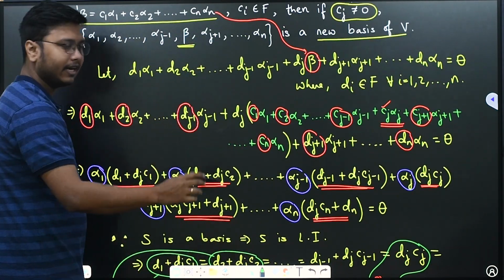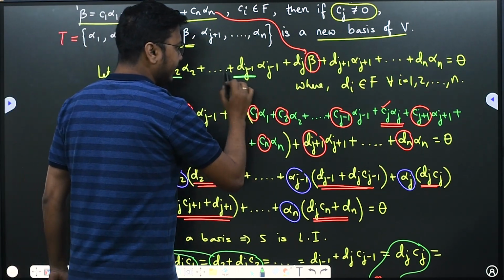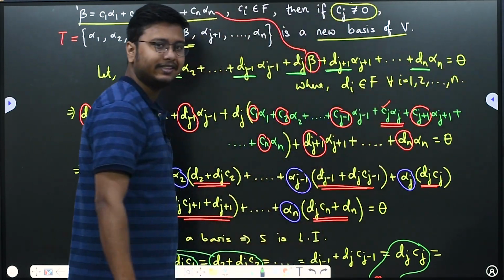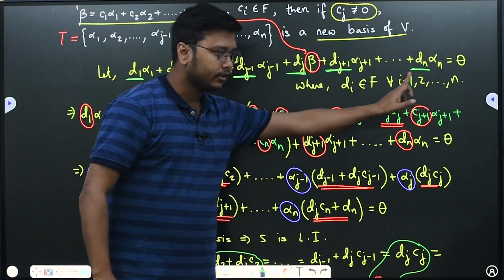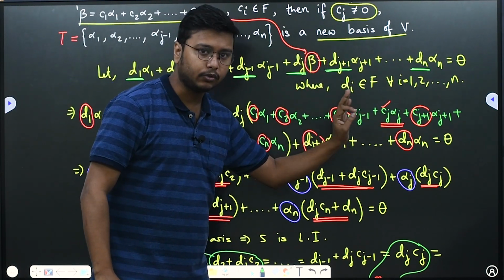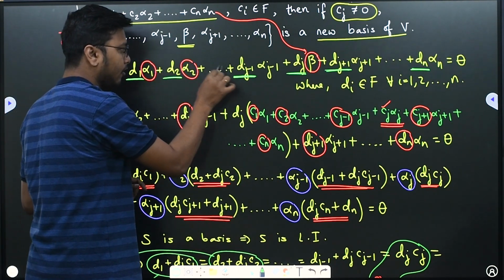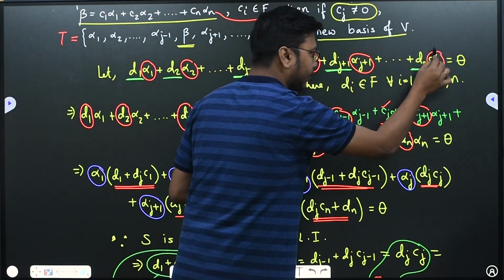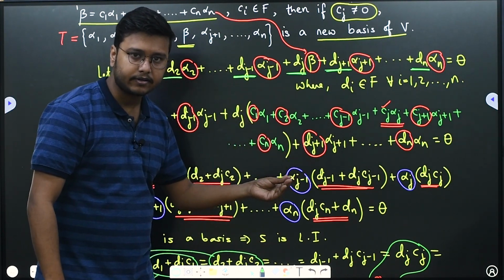In our starting line I had taken the constants d1, d2, dj minus 1, dj plus 1 up till dn, equal to theta, right? So if in this expression all the coefficients turn out to be 0, that means these vectors alpha 1, alpha 2, alpha j minus 1, beta, alpha j plus 1, alpha n, this set of vectors must be linearly independent, right?